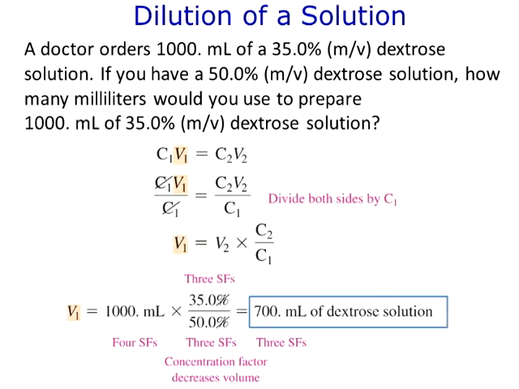You set up the math. The missing variable is V1. We rearrange the equation to solve for V1. We put in the mL. We put in the percentages, which are the same as concentrations. If the concentrations are the same, it will work out.